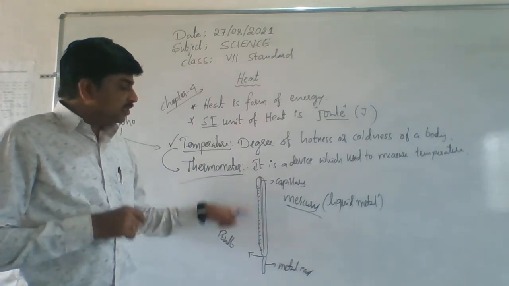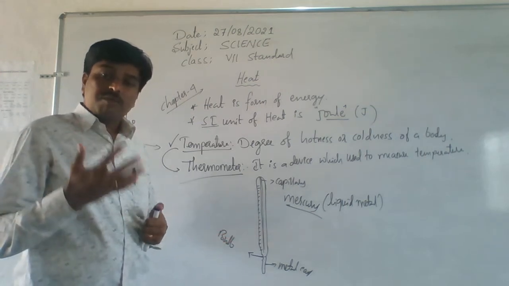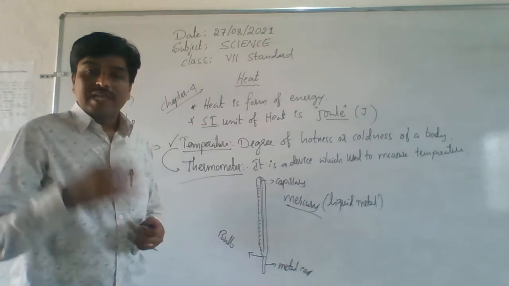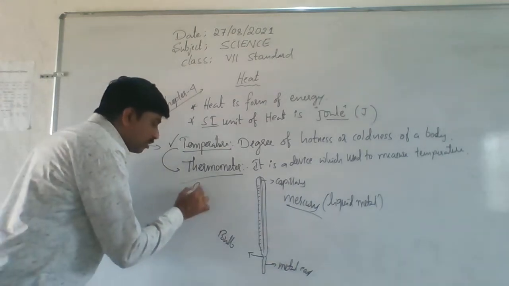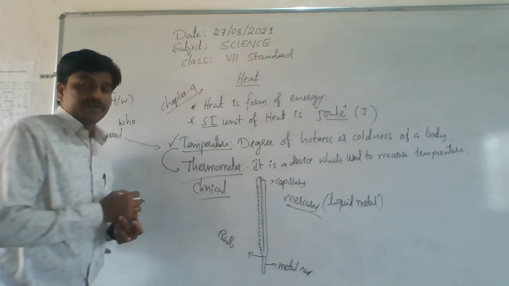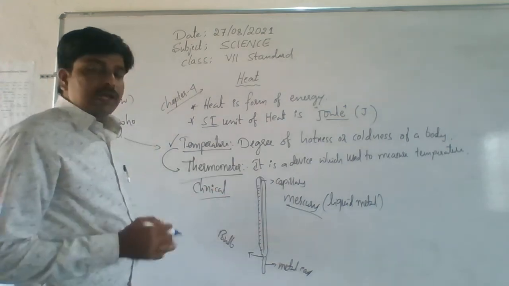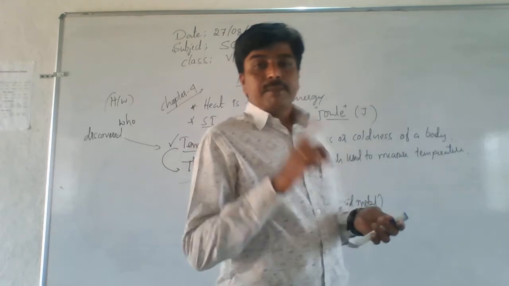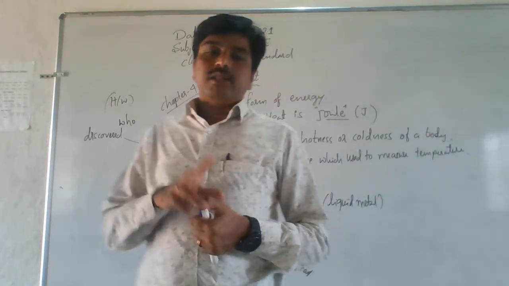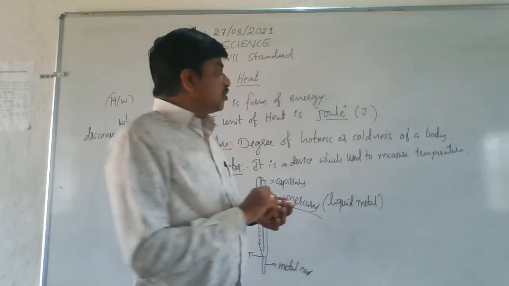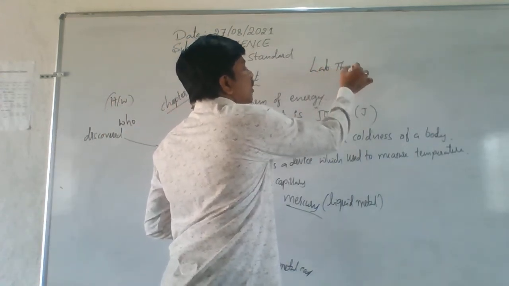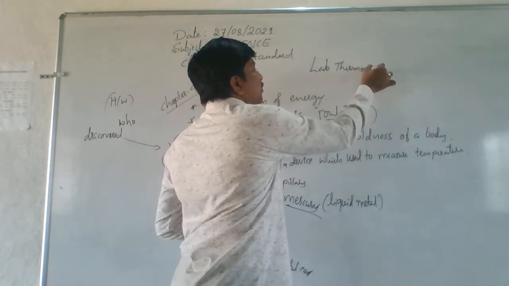The thermometer that doctors use to check the temperature of the human body is called a clinical thermometer. Another thermometer is called a lab thermometer.